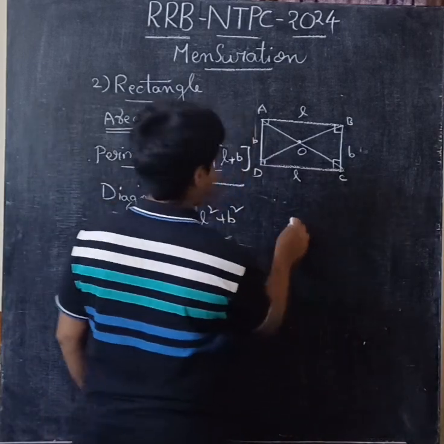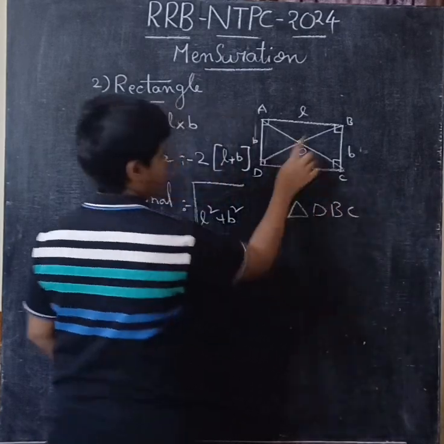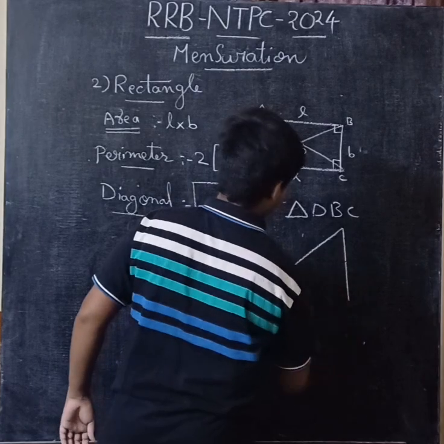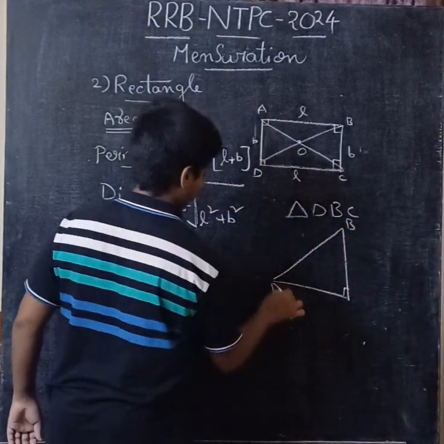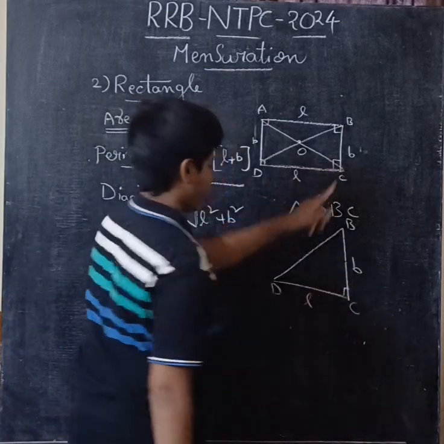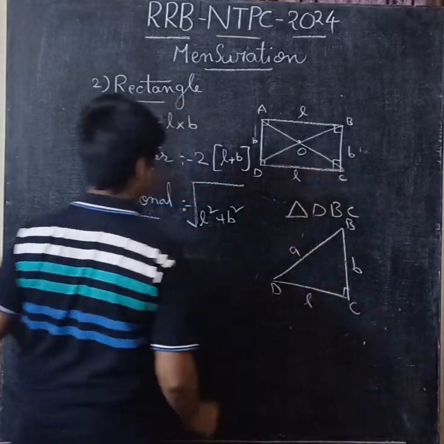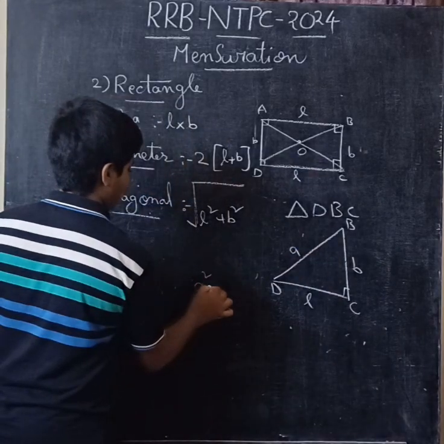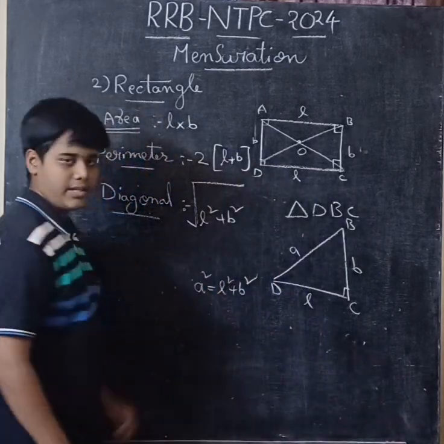Which means if I consider triangle DBC, this is the triangle DBC, and this is length as per the triangle, this is breadth, and this is diagonal A. So we can say hypotenuse square equals the remaining two sides square.